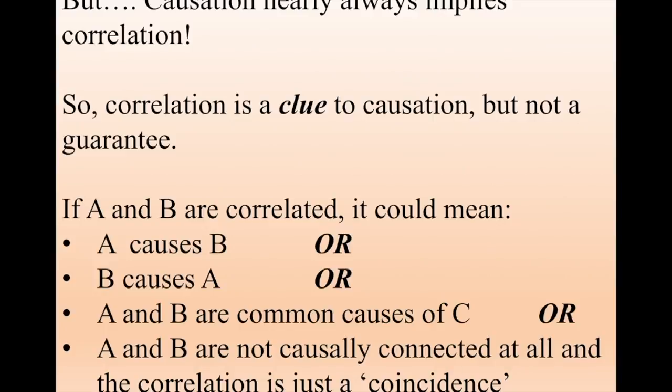If A and B are correlated, it could mean one of four things. Either A is causing B, or B is causing A, or A and B are the common effects of C, or A and B are not causally connected at all, and this correlation is just a coincidence.